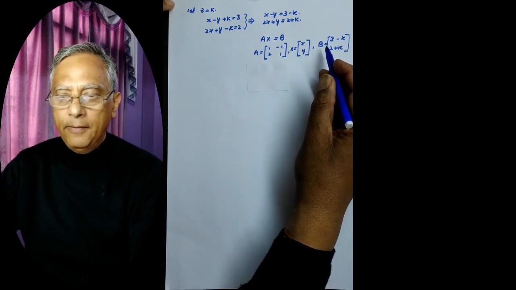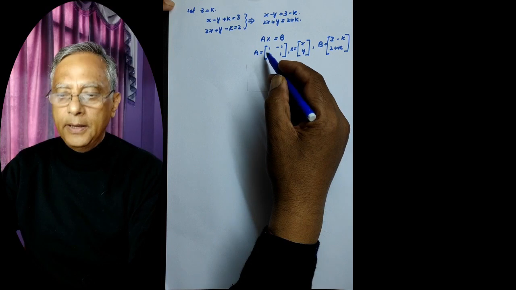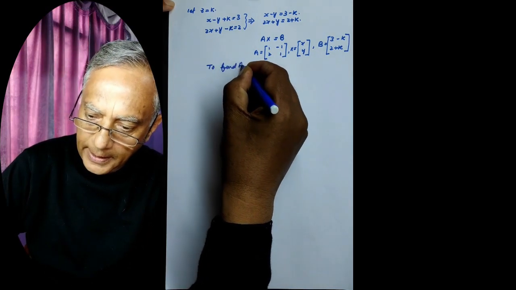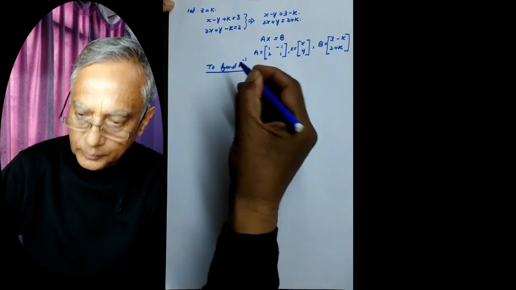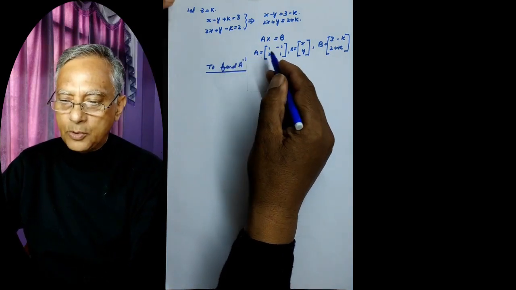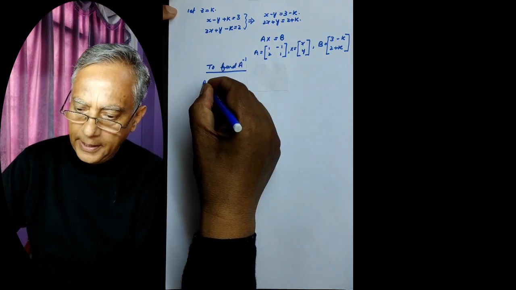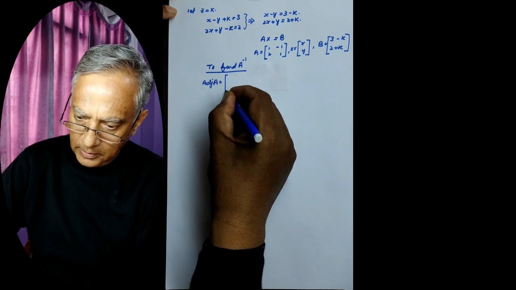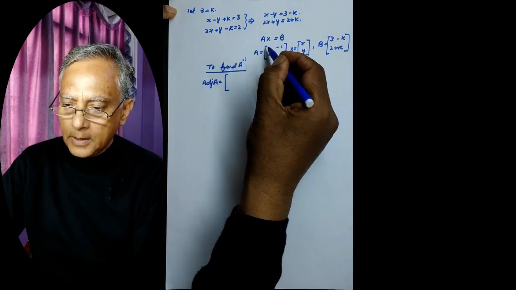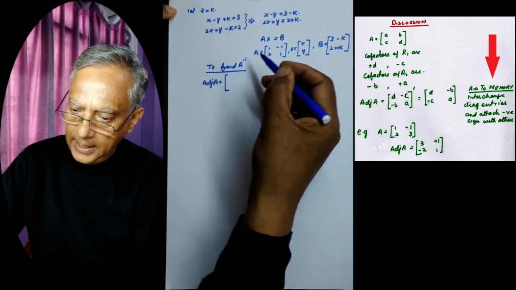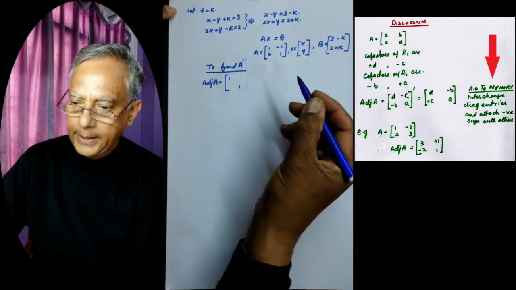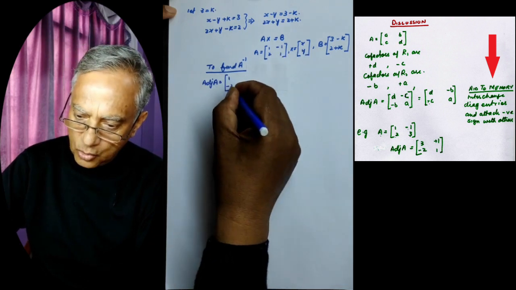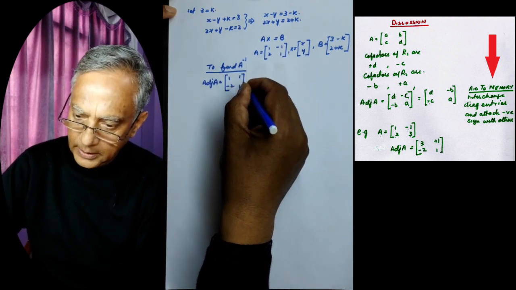Now to solve this, we find A inverse. To find A inverse, first we find adjoint of A. Now we have a shortcut for this: interchange the diagonal entries, that is 1, 1, and attach negative sign with the others, that is -2 and 1.